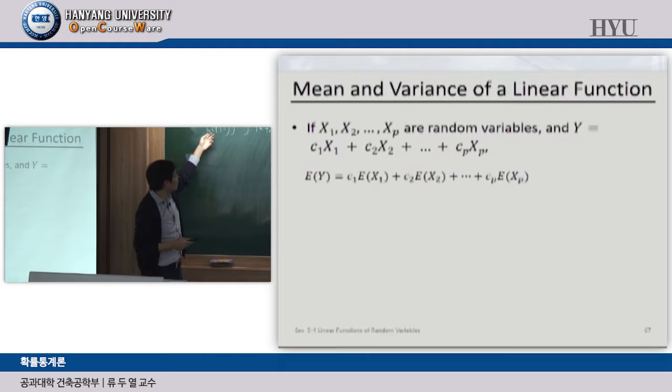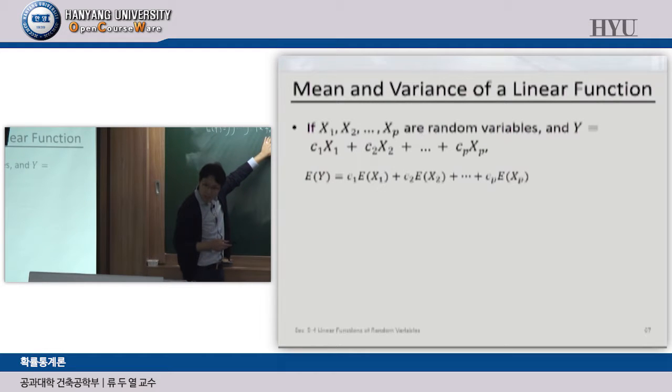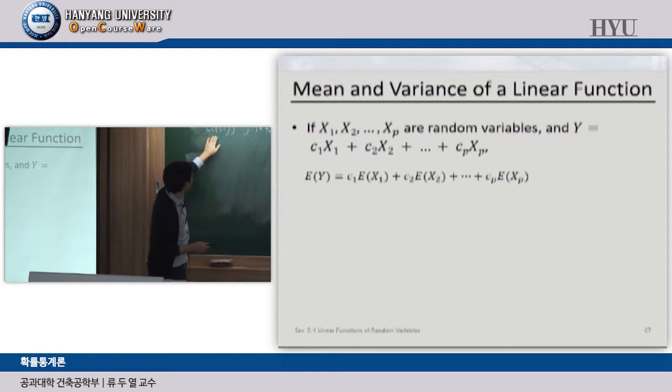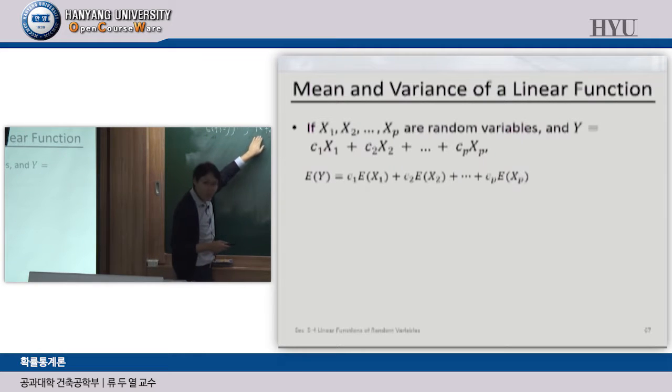Because y is a function of these terms, the mean of y is equal to the integration of y by the joint probability density function.